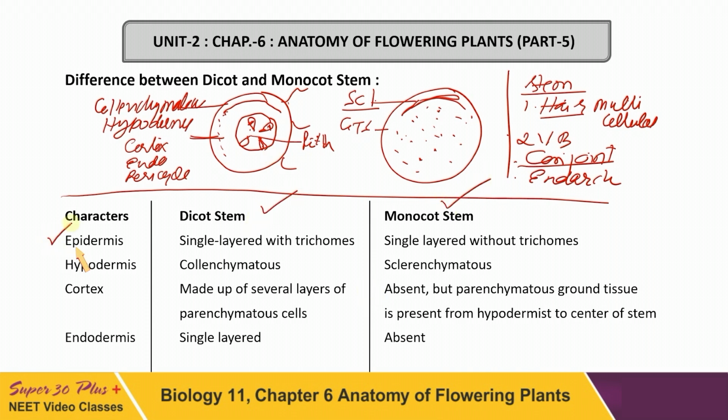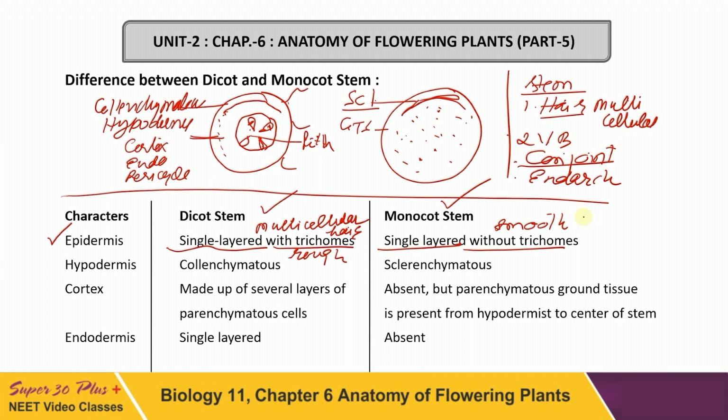The first one is epidermis. It is single layered with trichomes, which are multicellular hairs. Usually the epidermis here is rough, while in this case it is single layered, without trichome, and usually the epidermis is smooth.